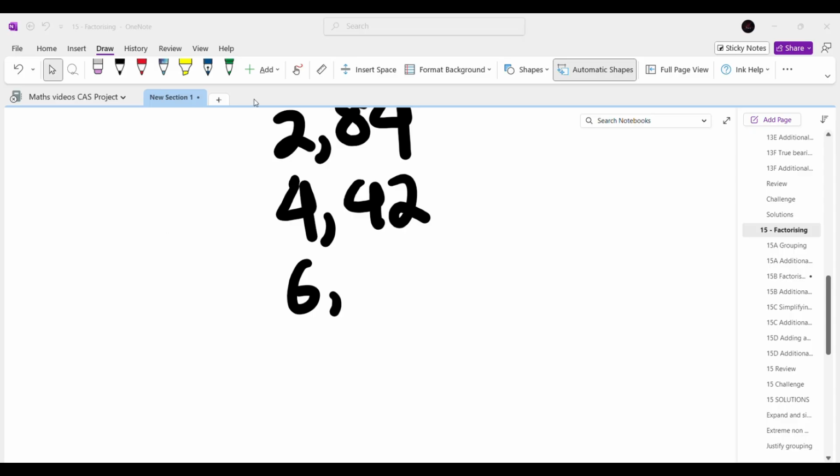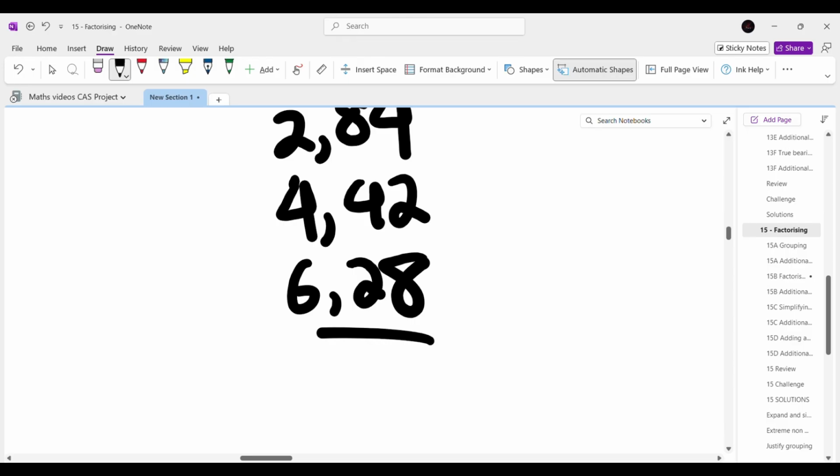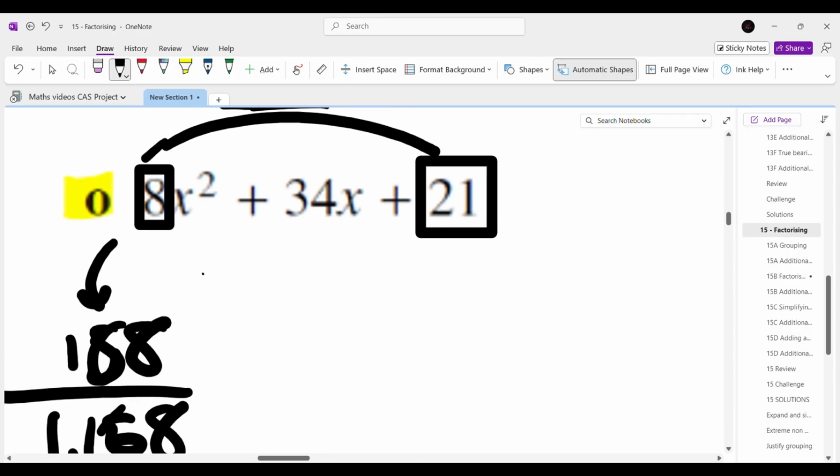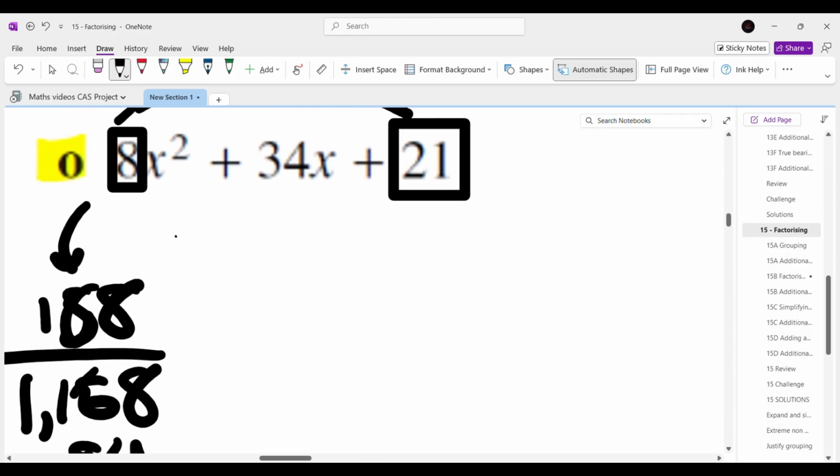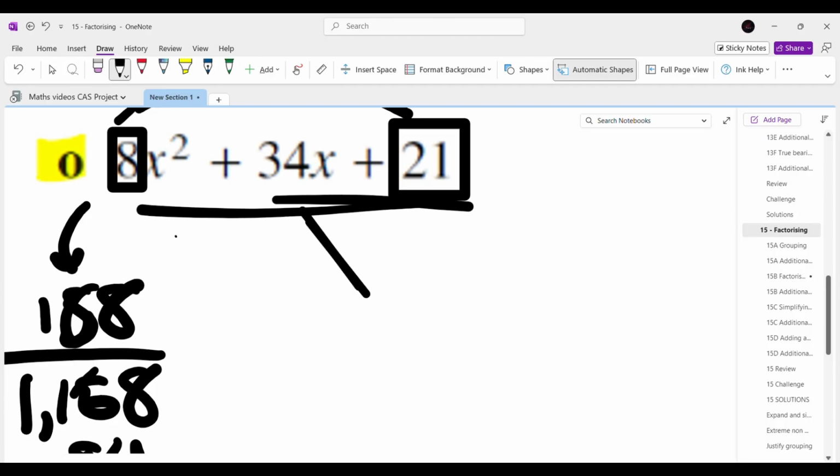Let me just pull out my calculator, just to have a look. They probably won't give you questions like this. So 6 and 28, and oh look, 6 plus 28 gives us 34. So now we split the middle term into 6x plus 28x.